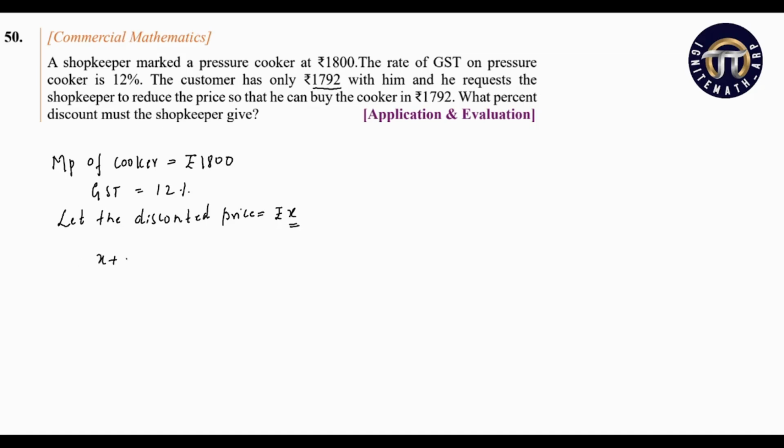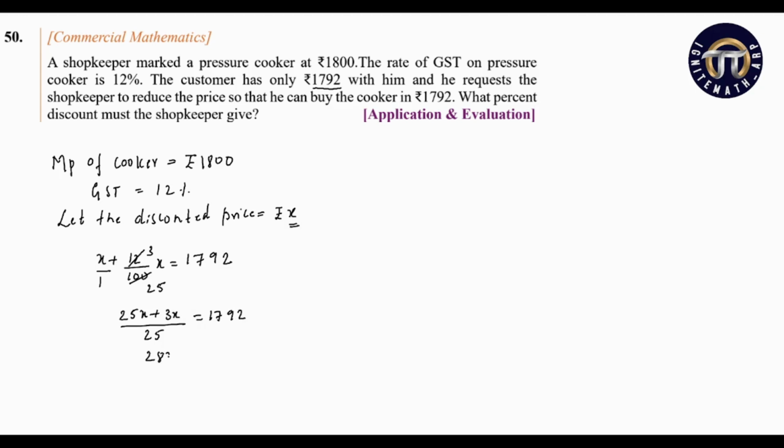So x plus 12% of x is equal to 1792. So now here 4 3s are 12, 4 25s are 100, I get this one as 25x plus 3x divided by 25 is equal to 1792.